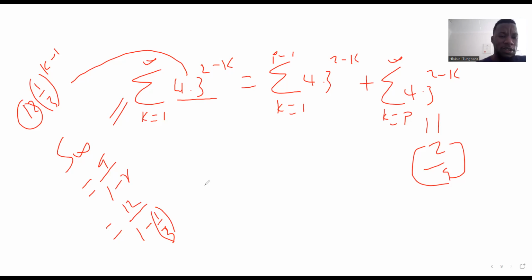Then 1 minus that is 2 over 3, so that's 12 over 2 over 3.